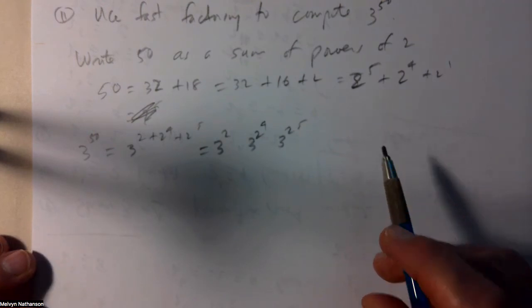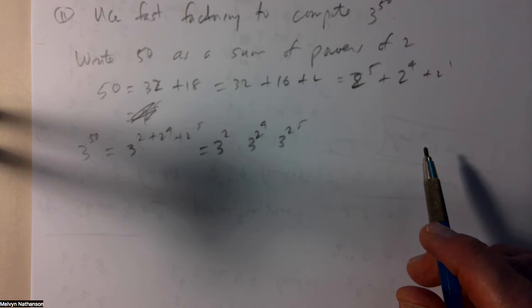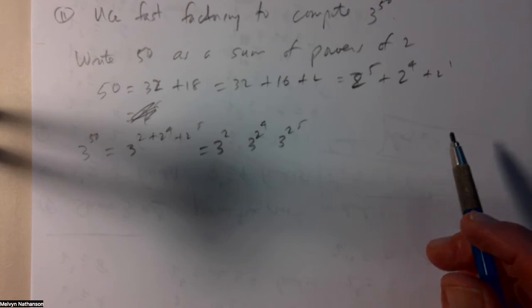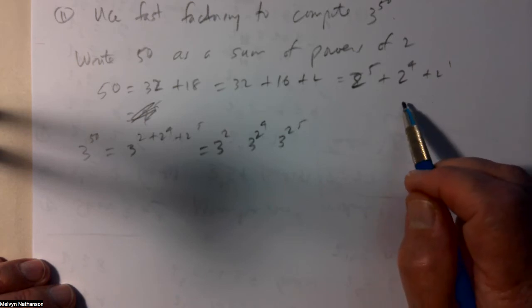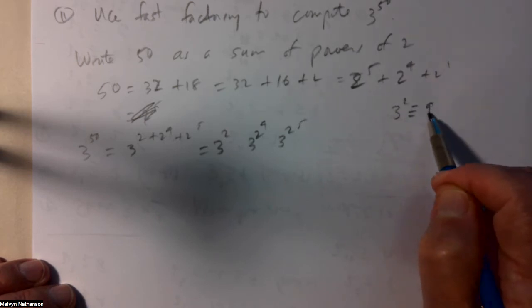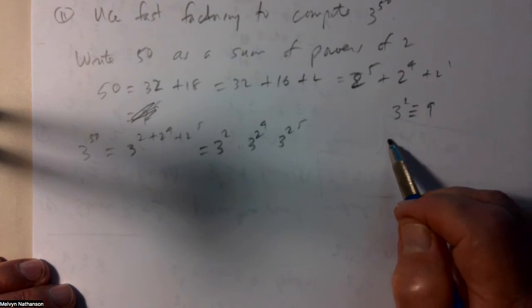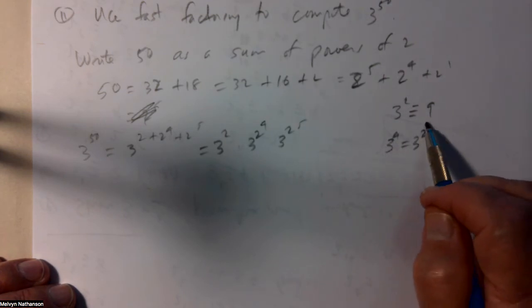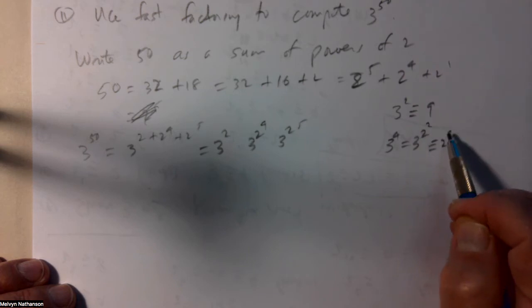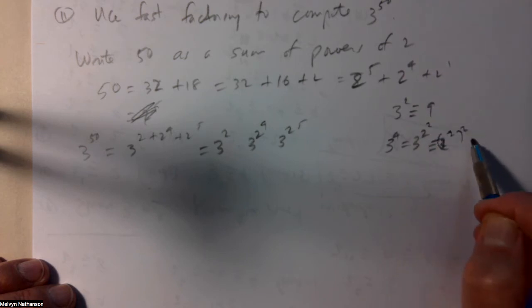Let's see. So 3 squared is 9. 3 to the 4th is 3 to the 2 squared. That's 3 to the 2nd power squared.